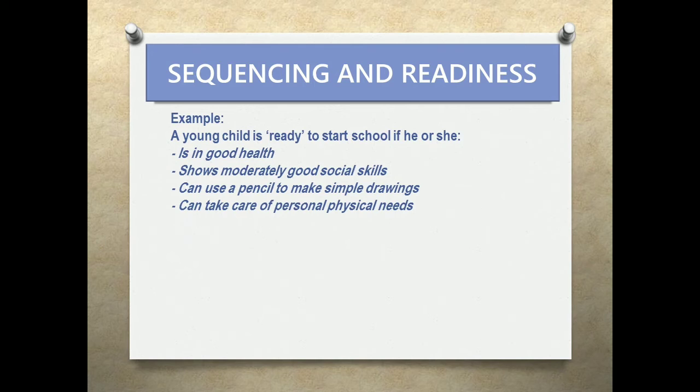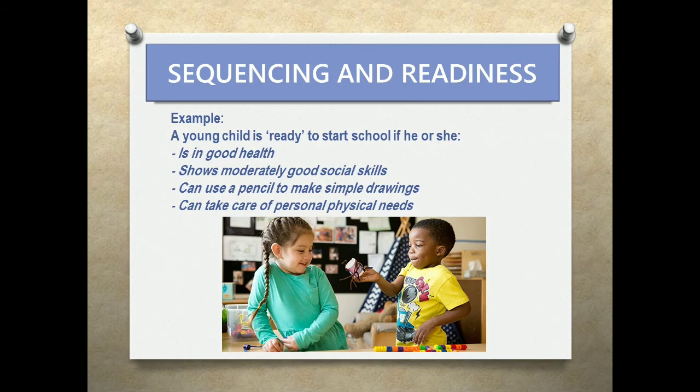I have an example over here. A young child is ready to start school if he or she is in good health, shows moderately good social skills, can use a pencil to make simple drawings, and can take care of personal or physical needs.